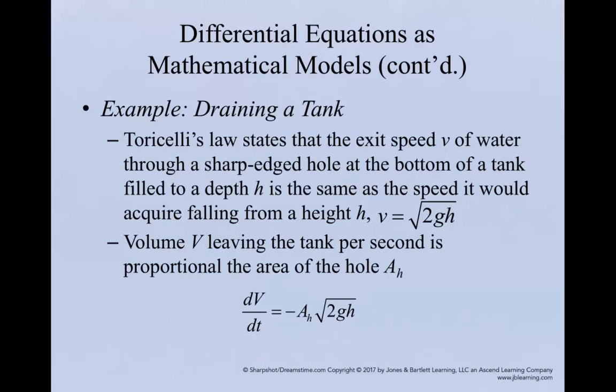Another example is if you have a hole at the bottom of a tank, and the tank is filled to some height h. You want to know the volume V that leaves the tank per second.